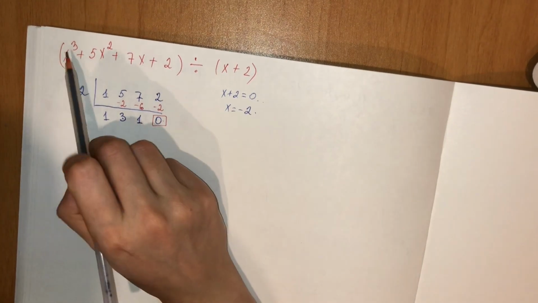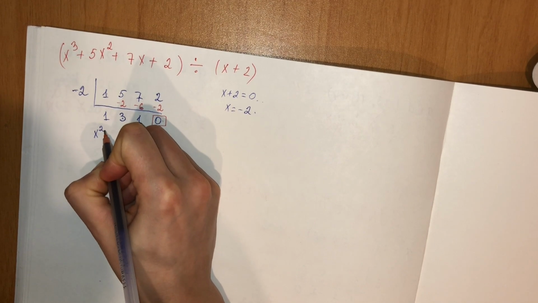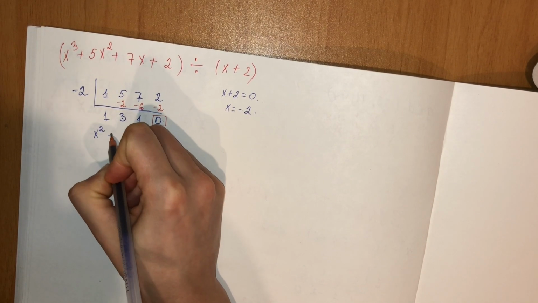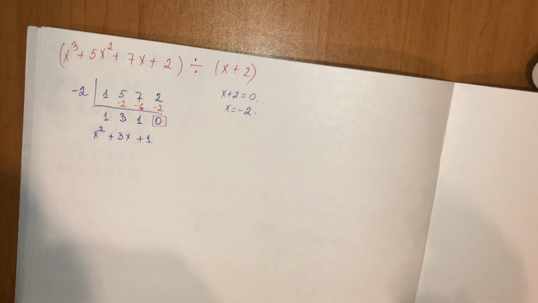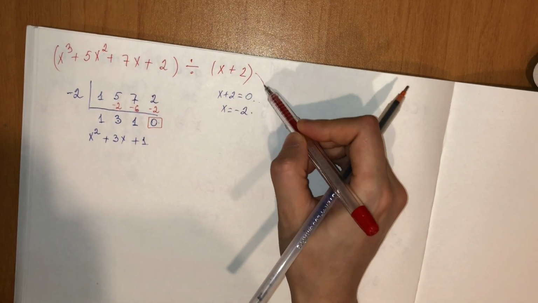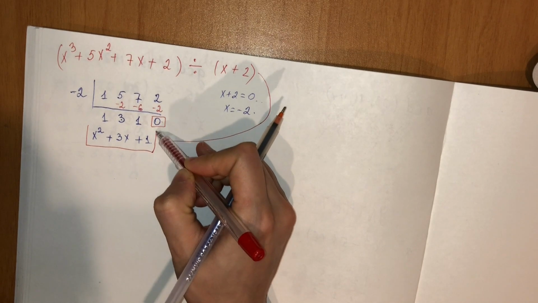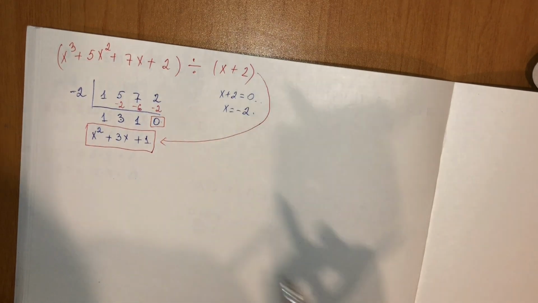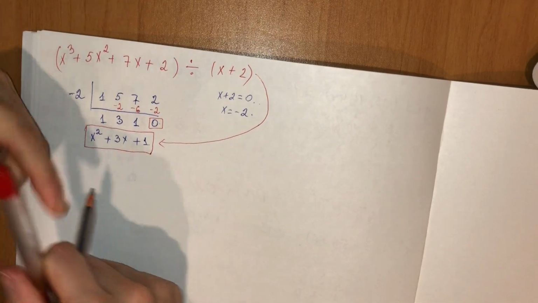So our result is x squared plus 3 times x plus 1. So if we divide this polynomial by x plus 2, we will get this answer. And let's try out another example.